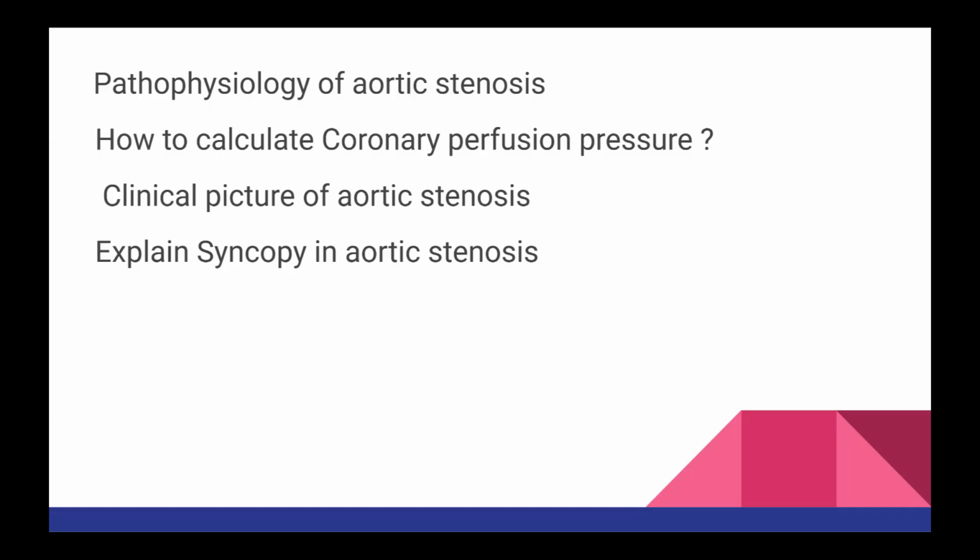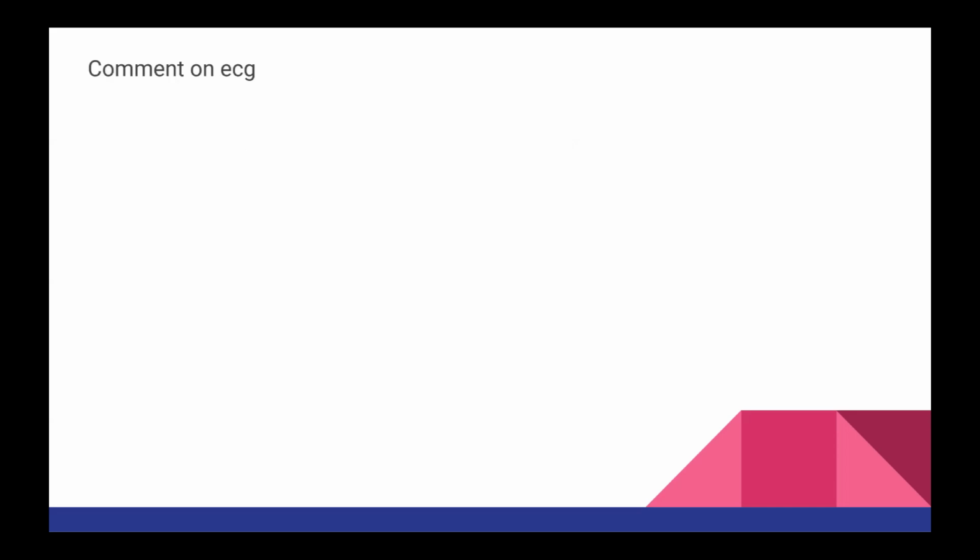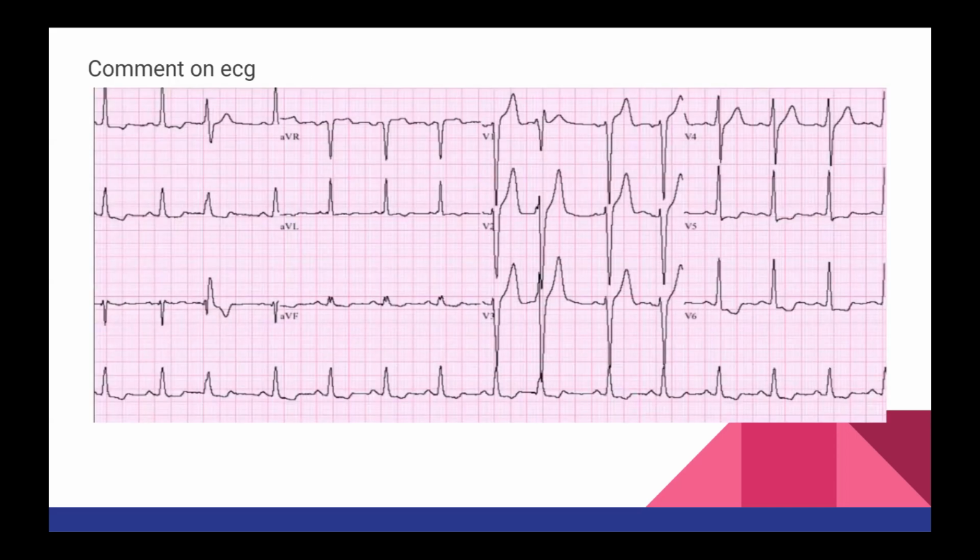It needs an increased afterload to compensate in cases of vasodilatation because there can be decreased blood pressure. But in aortic stenosis, the afterload is fixed. So the blood pressure is decreased, leading to decreased blood entering the brain and syncope. Okay. So comment on the ECG.